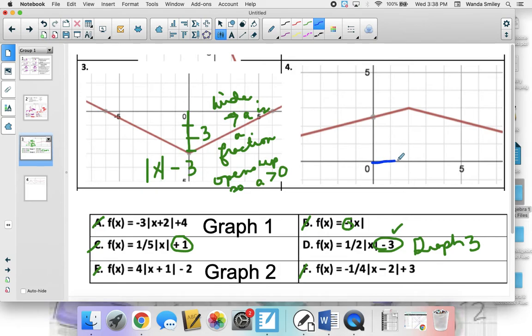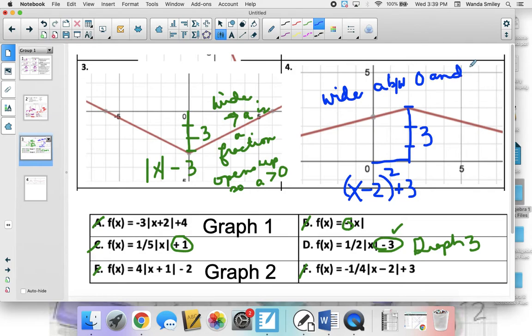We shift the vertex over 2 to the right and up 1, 2, 3, up 3. So that means x -2, because I'm going to the right, plus 3 because I'm going up. It's wide, so that means A is between 0 and 1, making it a fraction.